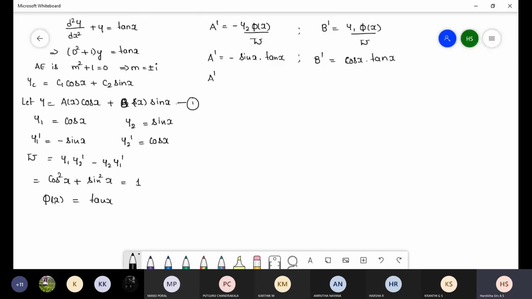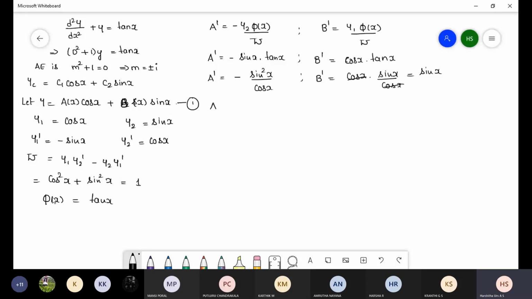So a dash is equal to minus tan x, if you split it, sin x by cos x. So sin into sin becomes sin square x divided by cos x. Here also b dash is equal to cos x into sin x divided by cos x. So both get cancelled, the remaining is sin x.